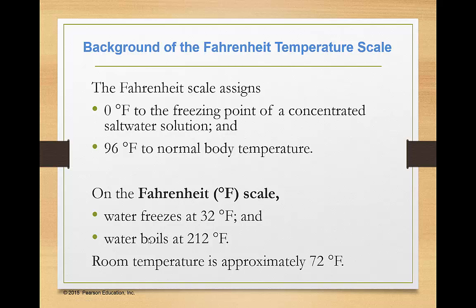Now, we know that that can change depending on what's in the water. If you have a solution rather than pure water, you can have it freeze at lower than 32. That's how we melt ice in the winter on the roads. We put salt down and lower that freezing point, or if you put salt in your water, it has to get hotter to boil, but this is assuming pure water.